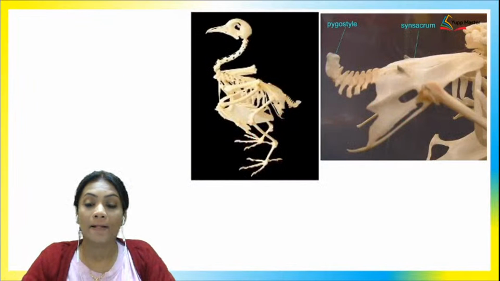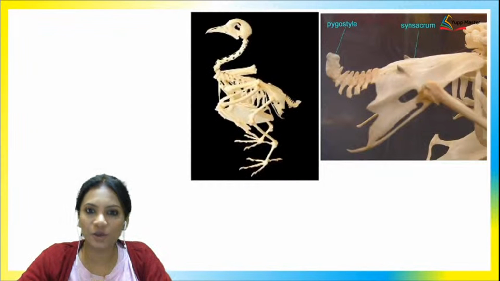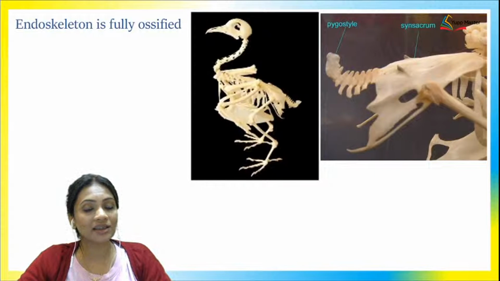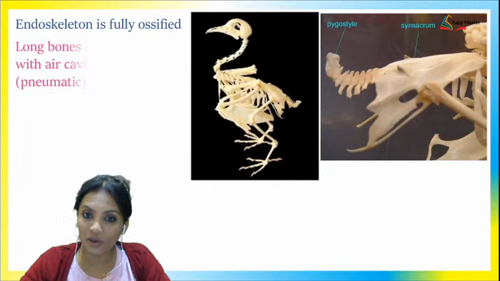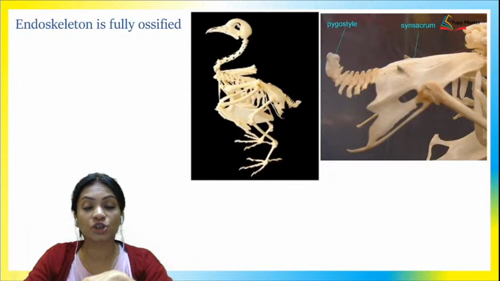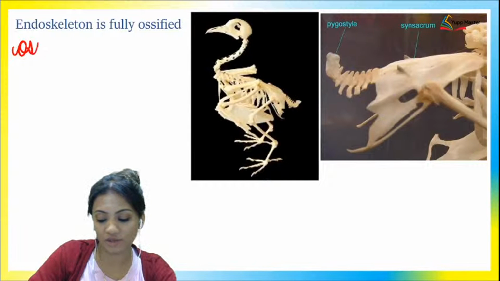All right, look at this here. This is how the endoskeleton of the class Aves looks. We see here that the endoskeleton is fully ossified. What is the meaning of fully ossified? Just remember this word I am telling you: ossification.